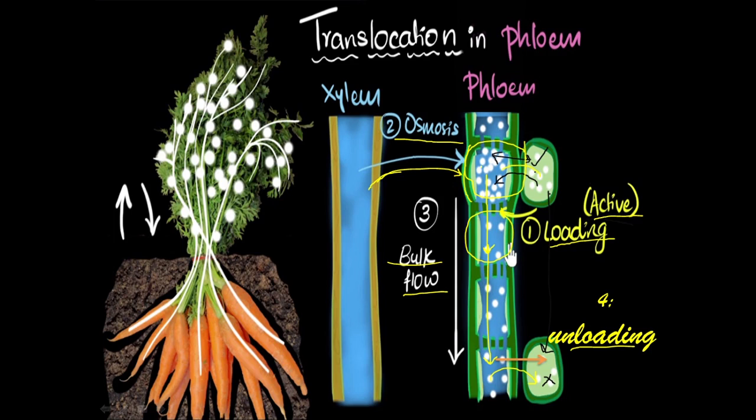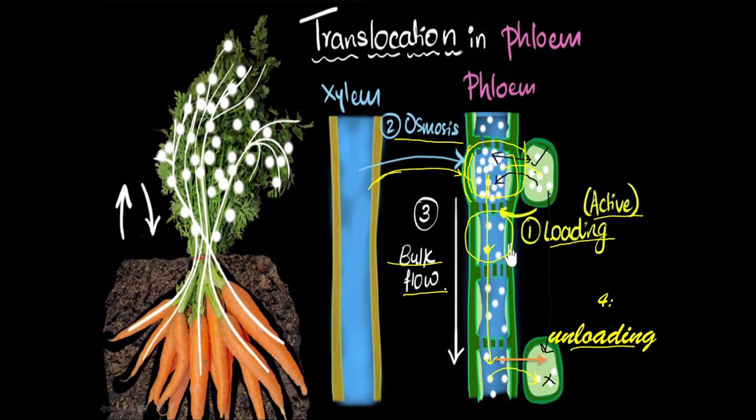In order to balance this pressure created due to the flow of water, the phloem walls will start to expand. Okay, so in order to balance this pressure created due to the osmosis, the water particles along with the solute particles will have a tendency to pass to a region where there is a lower pressure.